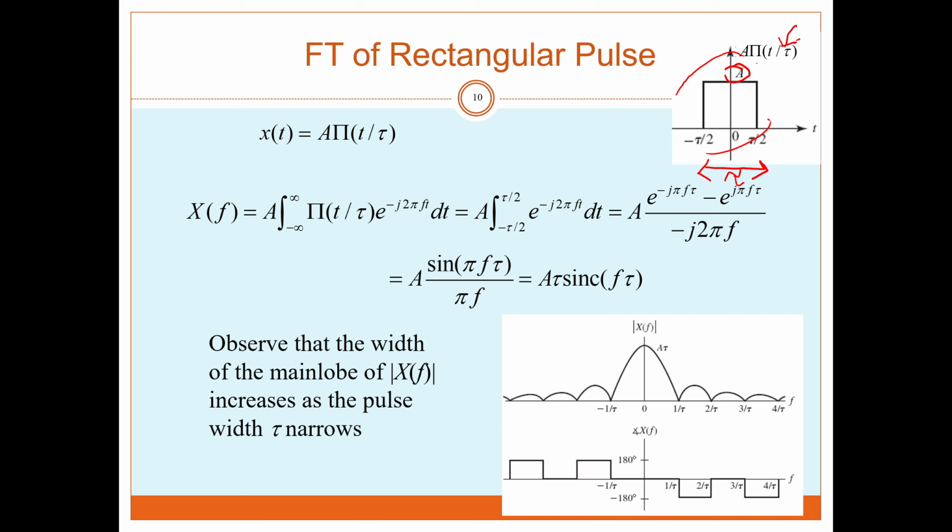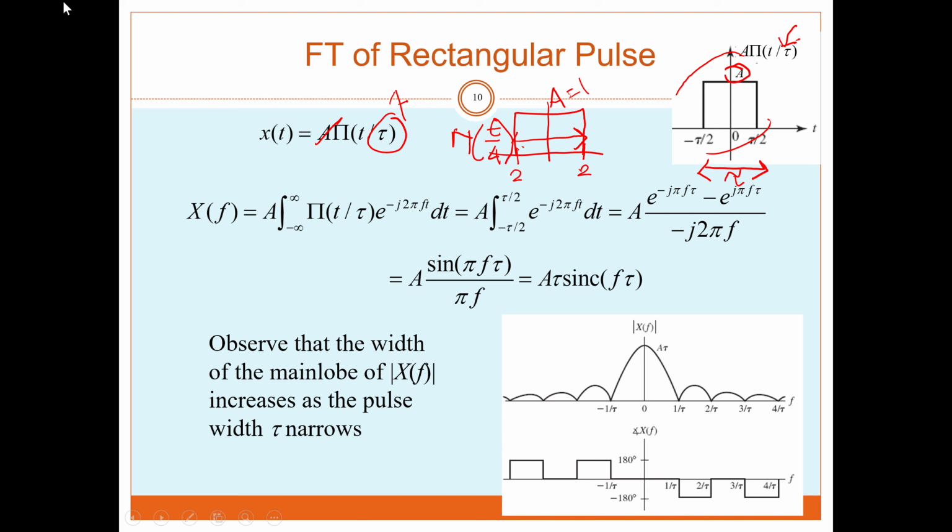To the right is tau over 2, and to the left is minus tau over 2. For example, this is 4, let's say. So that means this is 2 and 2, with the size of A. If it's not mentioned here, that means it's equivalent to 1. But the size of it is rectangular, t divided by 4.